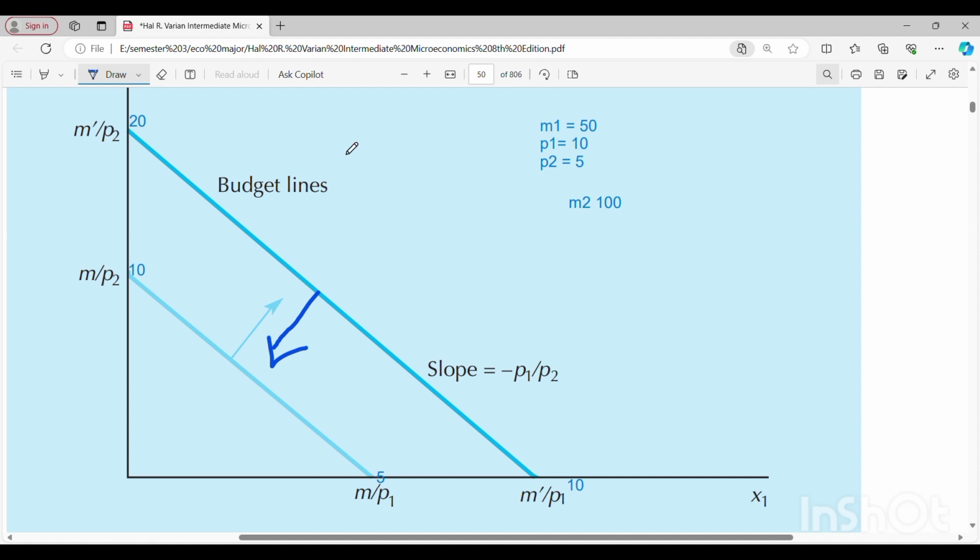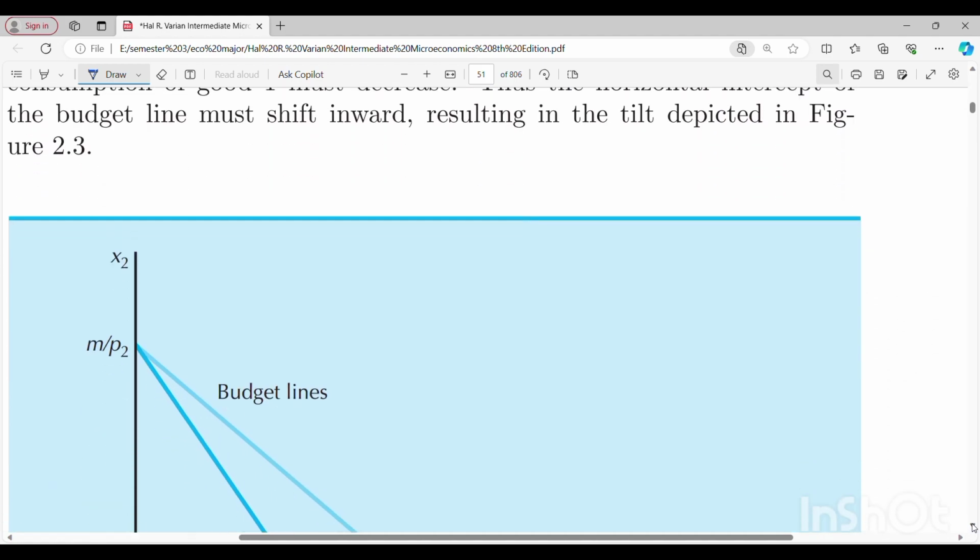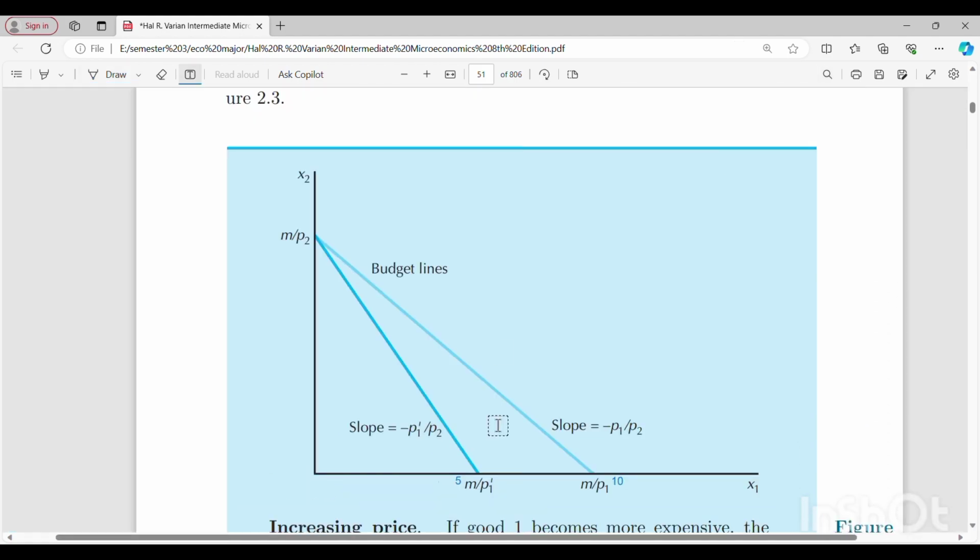So that is about the change brought by change in income. Next is the change brought by change in the prices of the goods. Okay, when the price decreases, we are speaking first of the case of good 1.